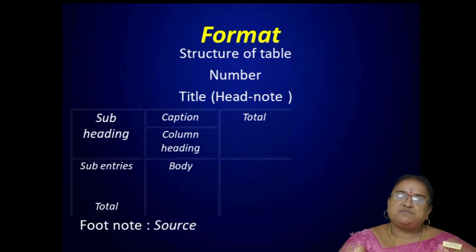Then the format or structure of the table. We have already discussed the number, title, then subheading, sub-entries, caption, column heading, then body, total, footnote. This is the explanation of that format.